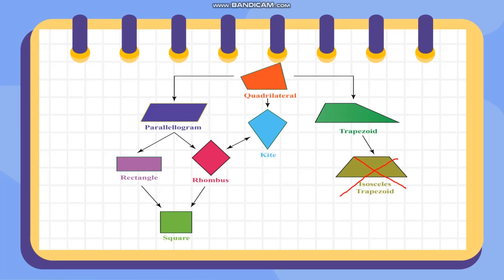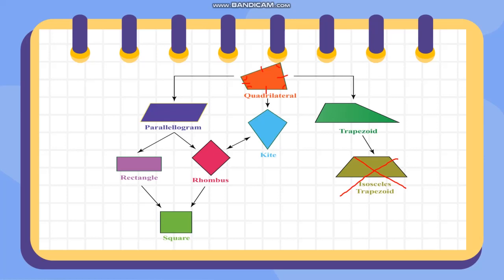Okay, quadrilaterals. To wrap up, when we say quadrilaterals, it means any polygon having four sides. Okay, so side 1, side 2, side 3, side 4. Another meaning of quadrilateral is having four angles. Angle 1, angle 2, angle 3, and angle 4, regardless of its measurement.